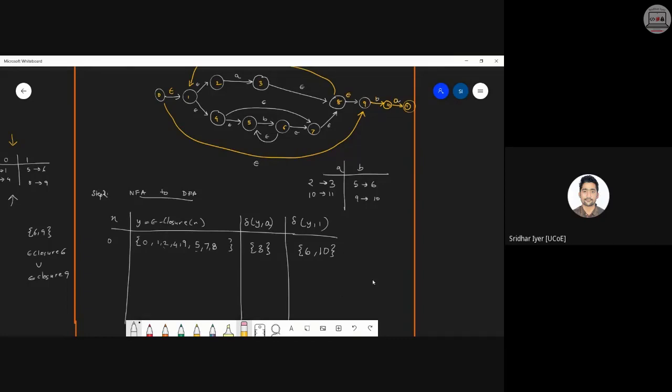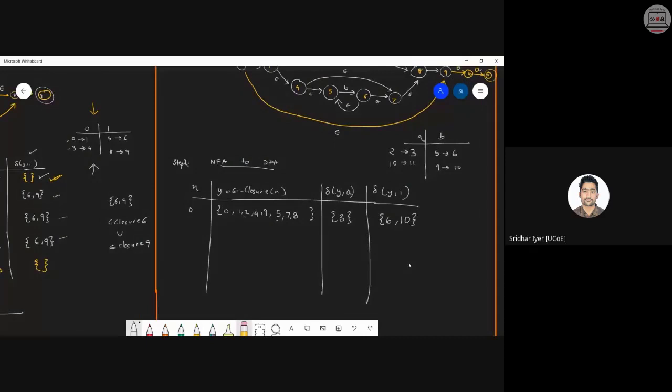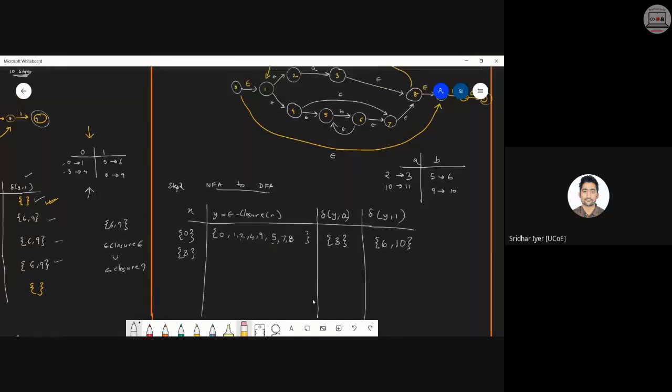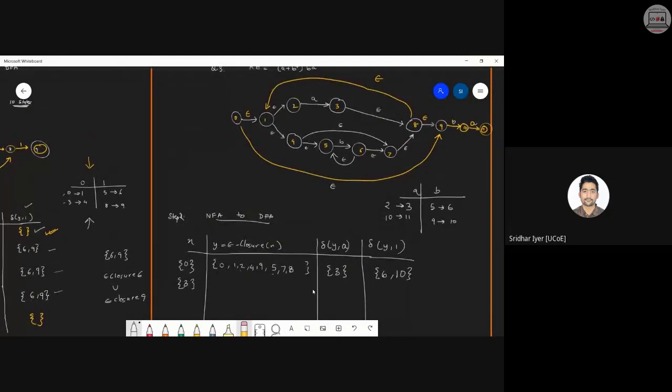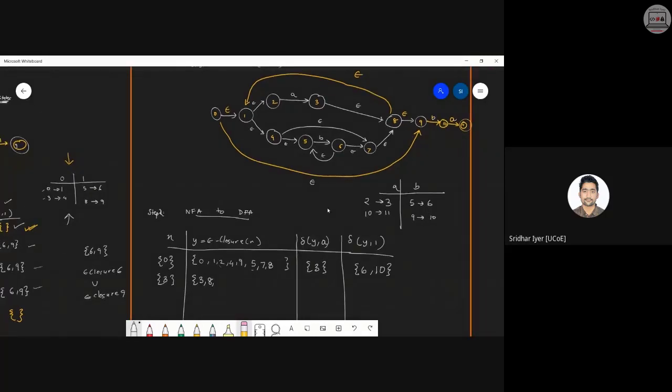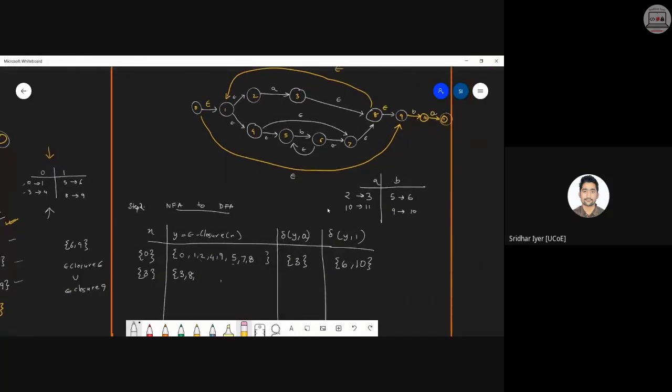Okay. So you can consider next value, which is 3 over here. It is a set. Don't miss it. I can consider 3. So from 3, obviously 3 is visited using that epsilon. From 3, I can go to 8. From 8, I can go to 9.